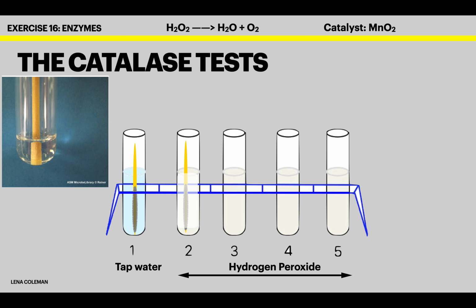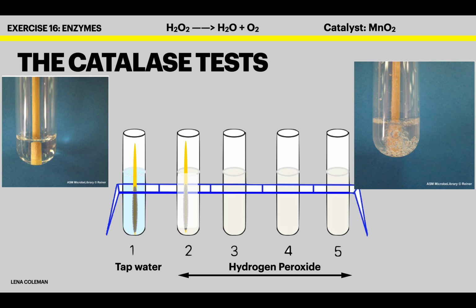Okay, so we see some fizzing, common to what you would see if you put hydrogen peroxide on a wound. And let's say it looked something like this, where you saw vigorous bubbling in your test tube once you added the toothpick with manganese dioxide. What I'd like you to do is record your reactions for test tubes 1 and 2.